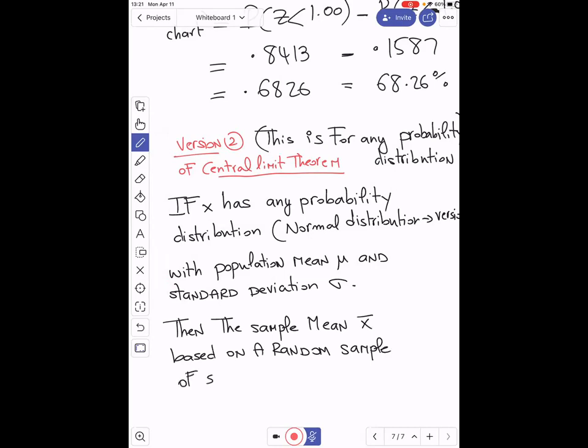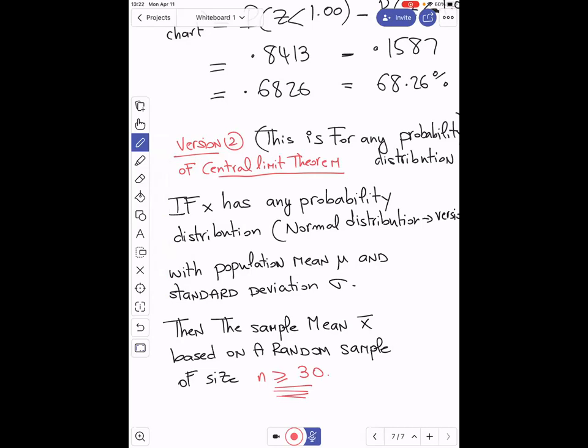So here we have a restriction on the size of the random sample. By convention, we agree that this n has to be larger than 30. So we need a sample of size at least 30. If it's not larger than 30, then you cannot really apply this theorem.